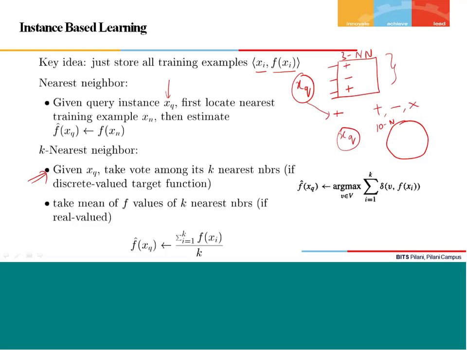So I find the 10 nearest points, and among these 10 nearest points, I see that the X class wins the majority. Therefore, I will assign the label X to this query point. It is very simple. This is a discrete case.